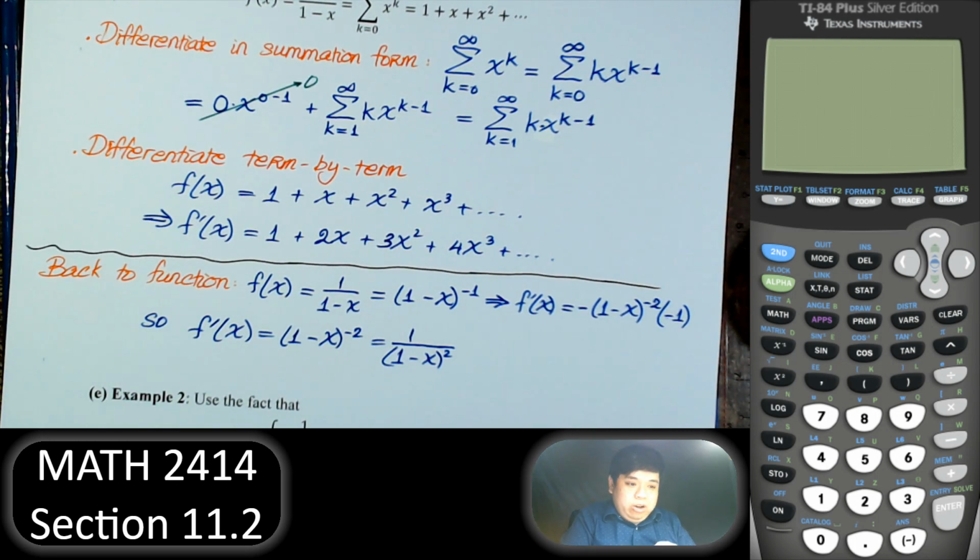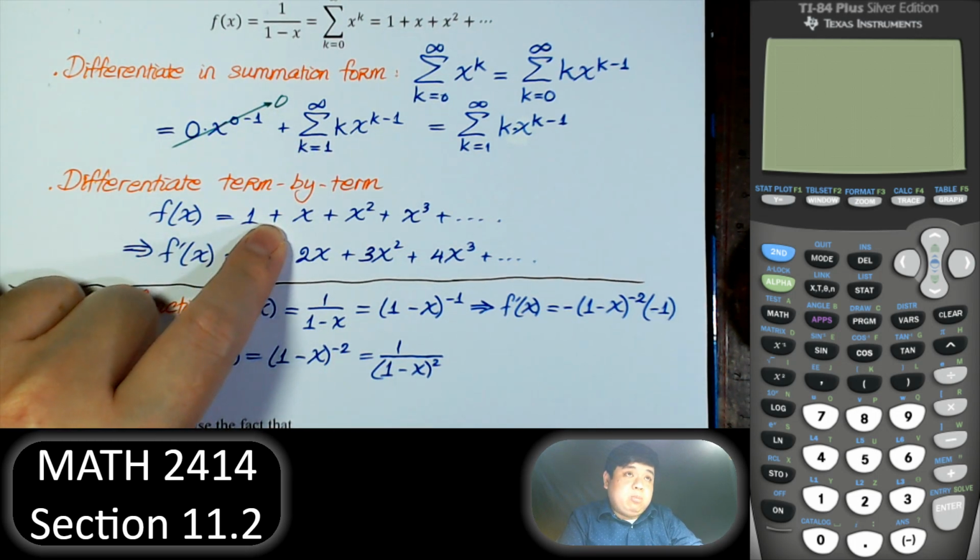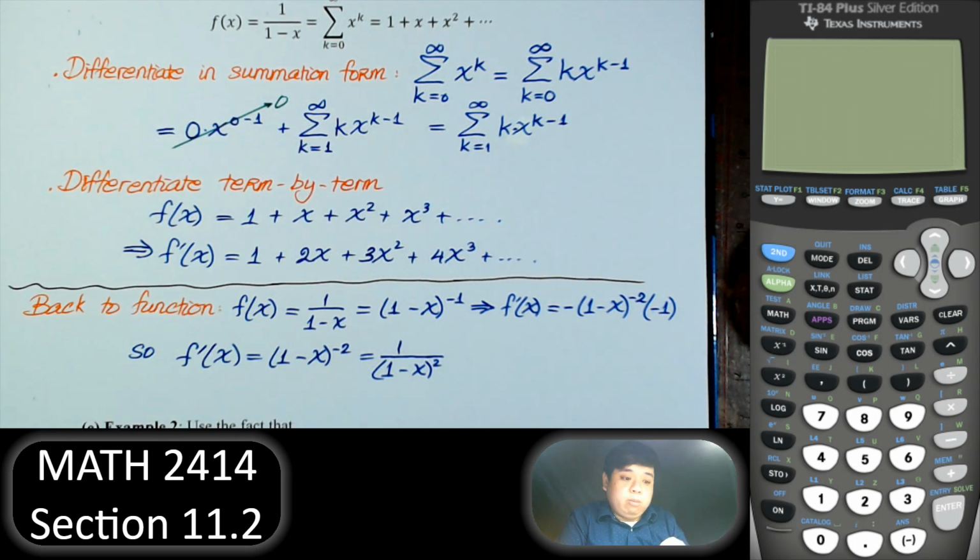So if we take the derivative term by term, if we take the derivative of the summation form, and if we take the derivative of the function, all of them are derivatives, so we can make all of them equal.